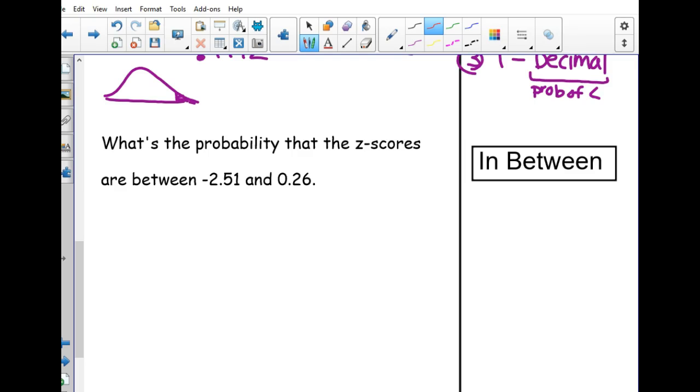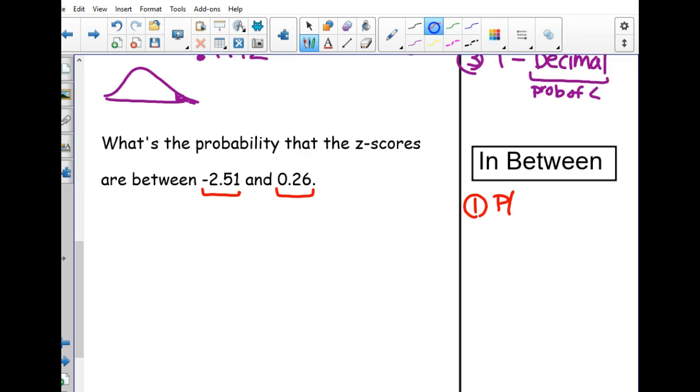Step one, write the probability statement again. Now, because it's in between, we have a z-score that's in between a small one and a bigger one, or a negative one and a positive one. It won't always be negative and positive. It will always have a smaller one, though, and a bigger one.